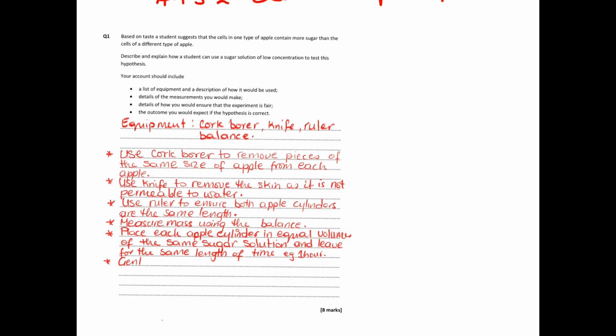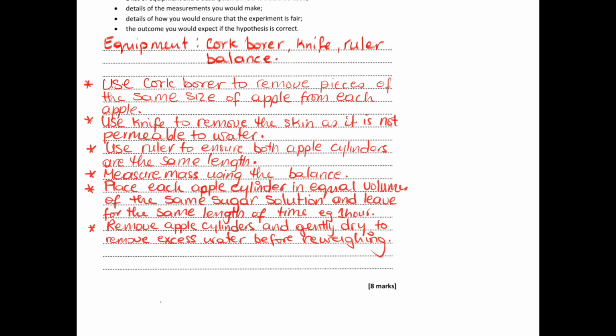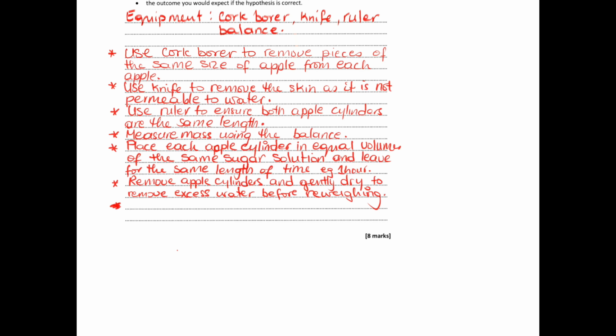And you leave it for approximately an hour, but within 30 to 60 minutes is good enough to get you some good results. After that, you remove the cylinders, gently dry them with a piece of paper towel, and this is to remove excess water so it doesn't affect the final mass, and then you reweigh.